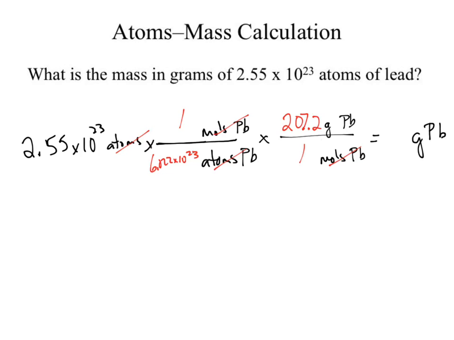Rough approximation abilities. What could we potentially do on this? 10 to the 23rd in the numerator, 10 to the 23rd in the denominator. What does that mean? Those will cancel each other. 2 divided by 6 is 1 over 3. So I've got 1 over 3 times 200.